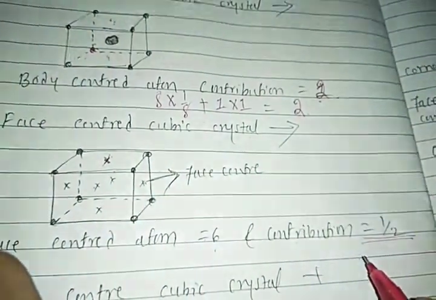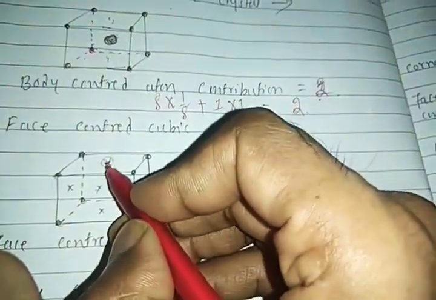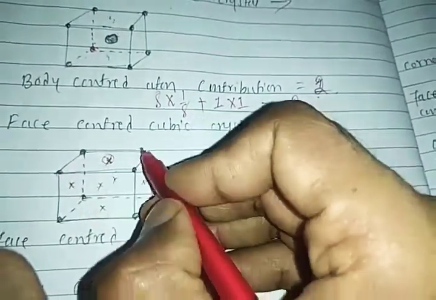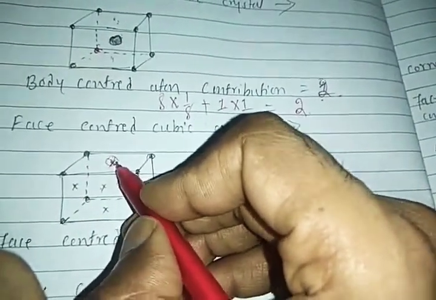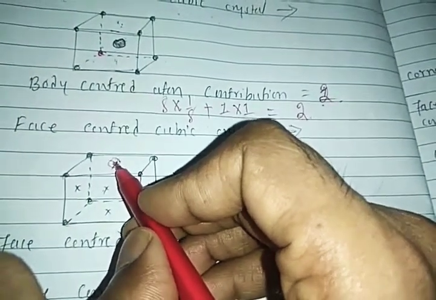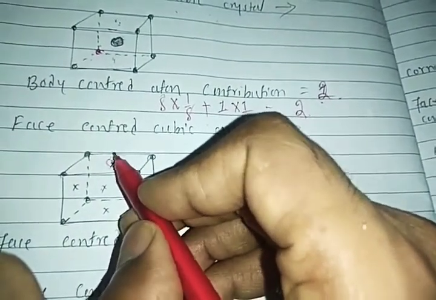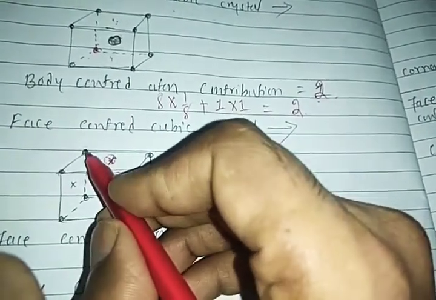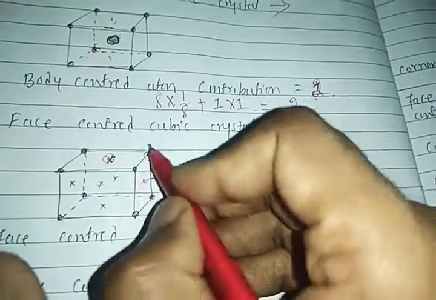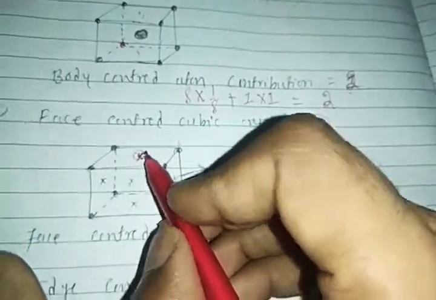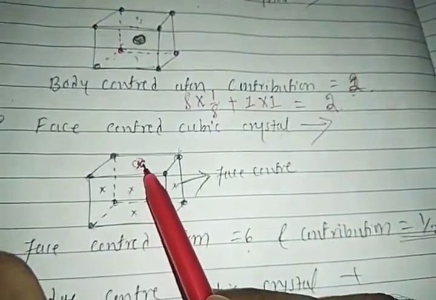This star, the central atom, contributes only 50% to this and this portion, and 50% remains uncontributed. Right, students?